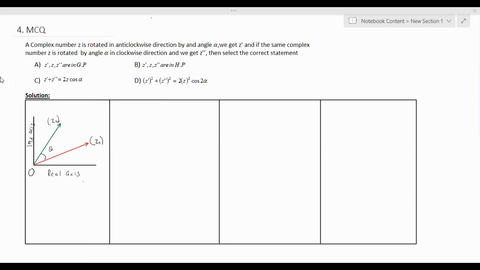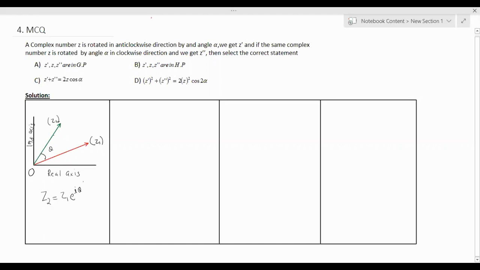When you rotate a complex number by an angle theta, be it clockwise or anti-clockwise, you should be able to write the relation. So remember this very carefully: if you want to go to z2 from z1, when you are rotating in the anti-clockwise direction, you will multiply with a constant, that is e^(i theta). So this is when you rotate anti-clockwise by keeping the same magnitude with an angle theta.